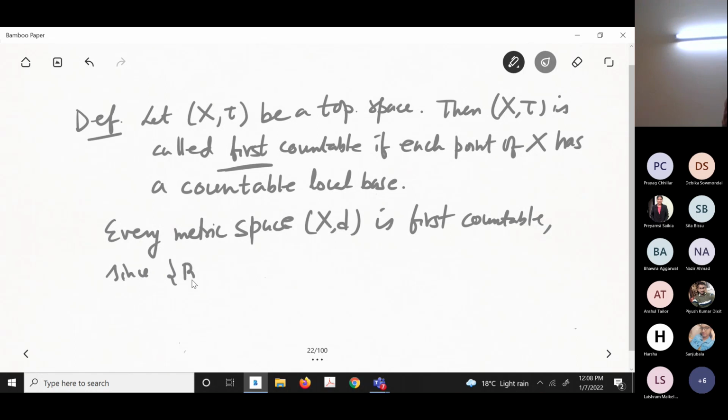Since this collection, you could take rationals also. P x, 1 by n, we work with this in the metric space.